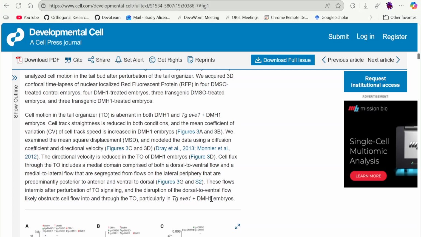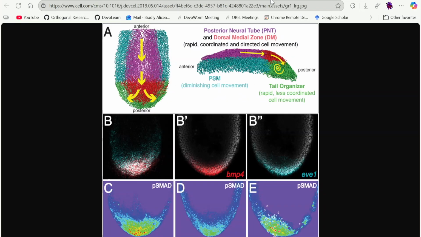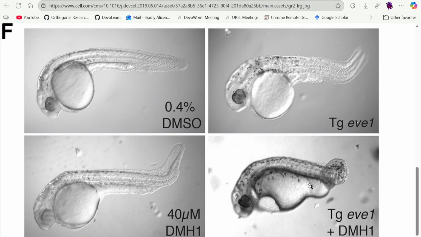So when you get this sort of transgene plus the perturbation, that's really when you disrupt the mechanical flow of the system and you get this phenotype that we see here, where it's really pronounced. It's because this flow is restricted coming down the anterior to posterior axis.